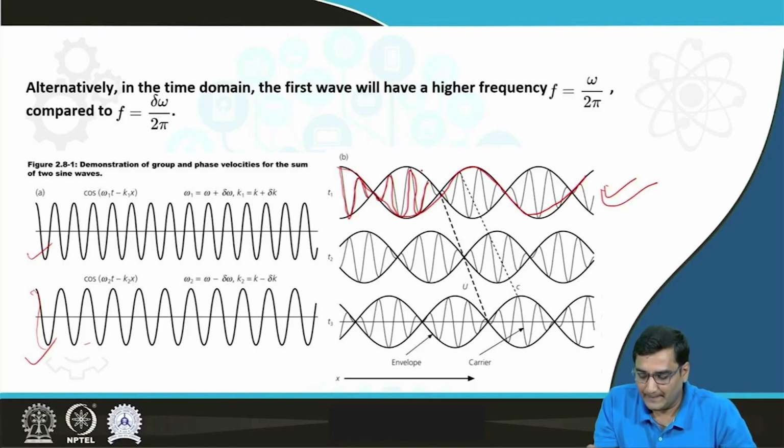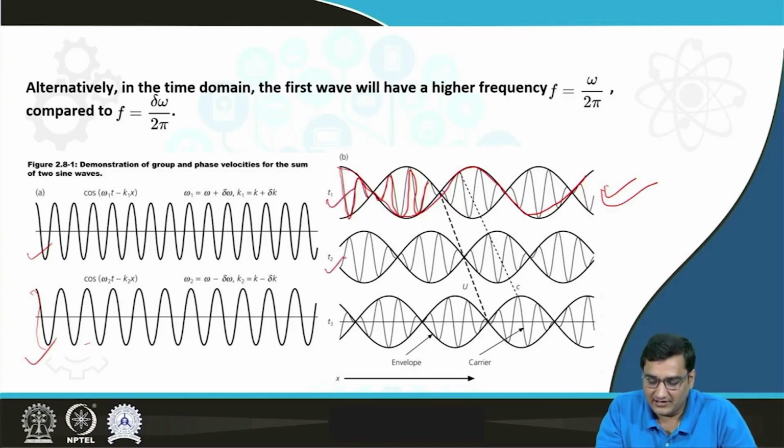So you can see that we have plotted this envelope and the carrier wave at three different times, t1, t2 and t3. When we join the envelope velocity of the envelope wave with the corresponding t2 and t3 times, you can see this particular line, and for the particular carrier wave, when we join it, it basically joins like this.